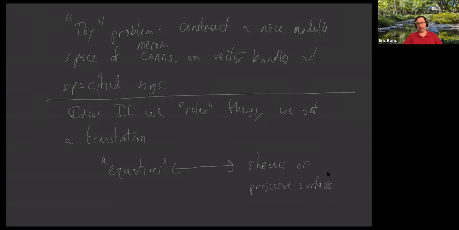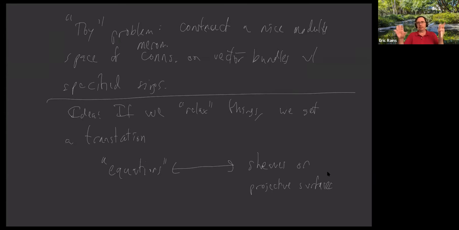And I should say now, so this is sort of the key thing when I talk about the geometry of differential equations. And when I say non-commutative, it turns out that you can get rid of the scare quotes on the left, so talk about actual equations or actual connections, as long as you're willing to do something more complicated on the right, namely allow non-commutative projective surfaces.